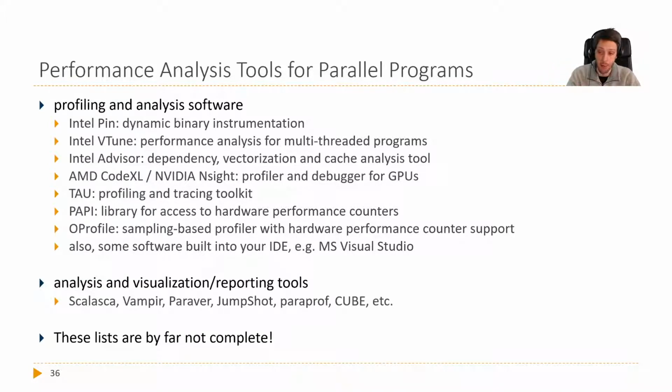There's PAPI, which is not a full-fledged tool with a graphical user interface and so on, but it's a library for accessing the performance counters that you saw with perf, for example, and doing this yourself in the code. So if you don't want to resort to perf, but you want to have function calls in your code that tell you how many floating point operations I spent, you can use PAPI for that, for example.